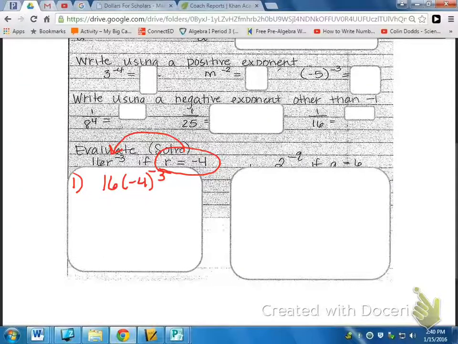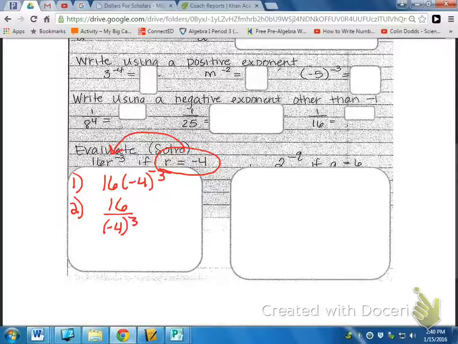Second, negative exponent, I want you to get rid of that. So 16 stays right where it is, but negative 4 goes to the denominator, and the exponent becomes a positive 3.